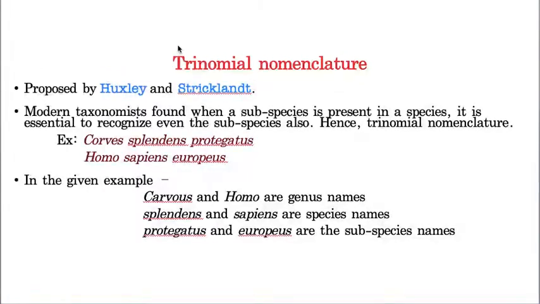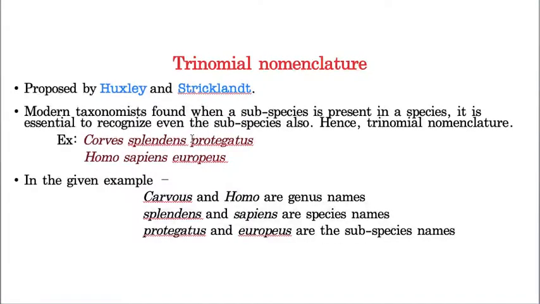One is the genus name, two is the species name, and the third is the subspecies name. Sometimes a species also includes a subspecies, which should also be named. If the subspecies name is added to the species name, that is called trinomial nomenclature.